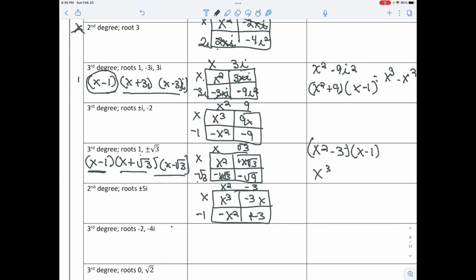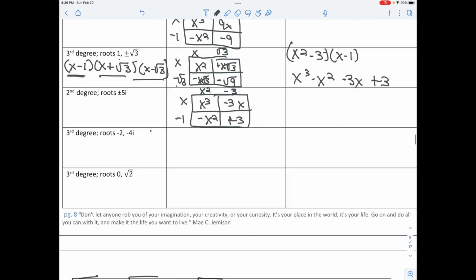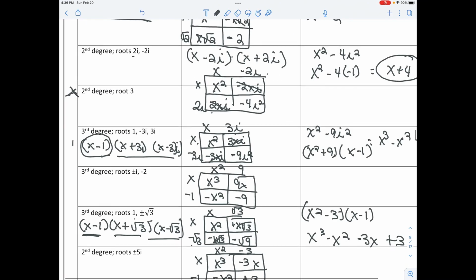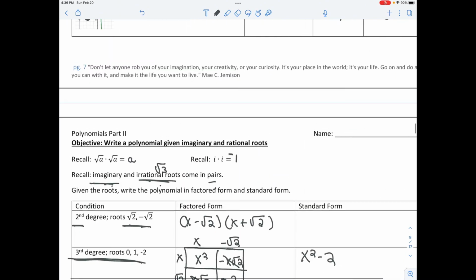So then the answer is x cubed minus x squared minus 3x plus 3. Okay? Alrighty. And so what you want to do is finish this. The ones that we did not do, you want to finish these for homework.